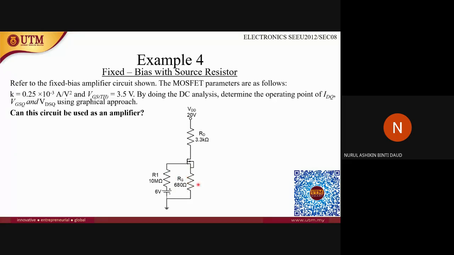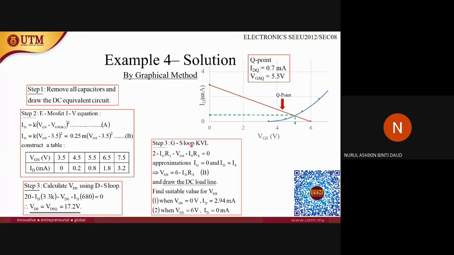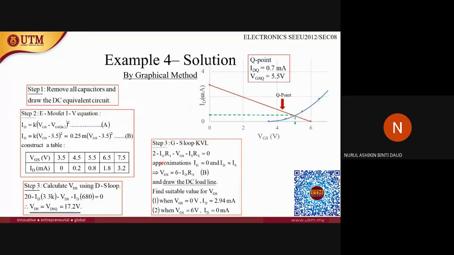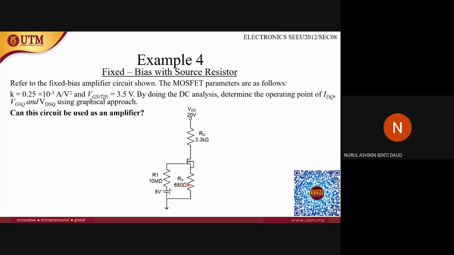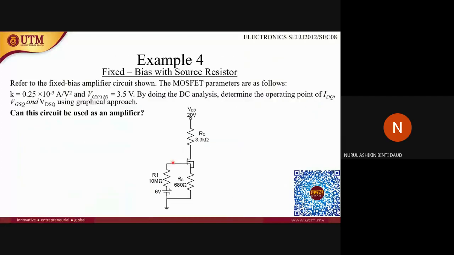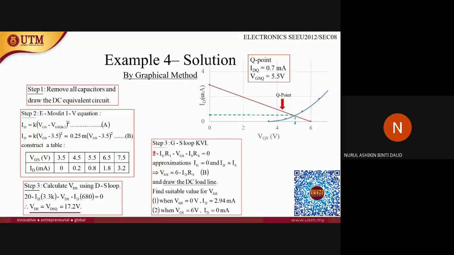So GS loop using Kirchhoff's voltage law: 6 minus IGR1. Sorry, this is not 2. This should be 6 here. It's a typo error. Please change here. This is 6. Sorry.